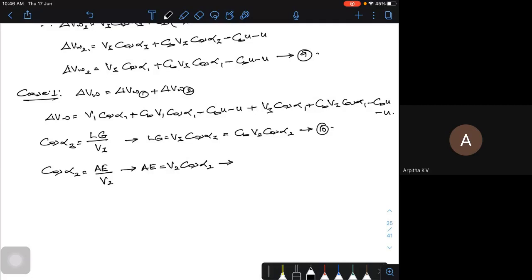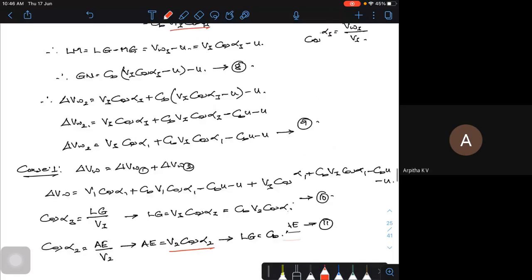That means I can write Lg is equal to Cb into AE. Here the turning point will come. Now what is this AE? AE is V2 cos alpha 2.